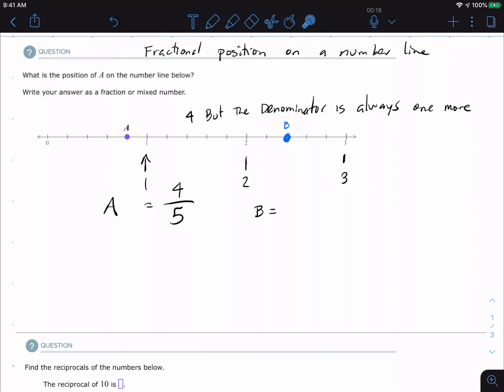So since it's between there, the whole number is going to be 2. We already know how many dashes there are, so the denominator should be a 5, right, in doing the mixed number. How far are we away from the 2? Like 2 spaces. 1, 2. And so this is 2 and 2/5.